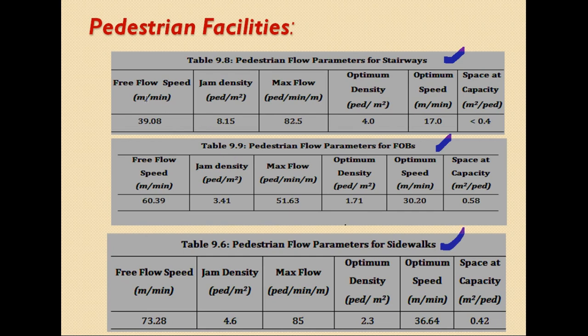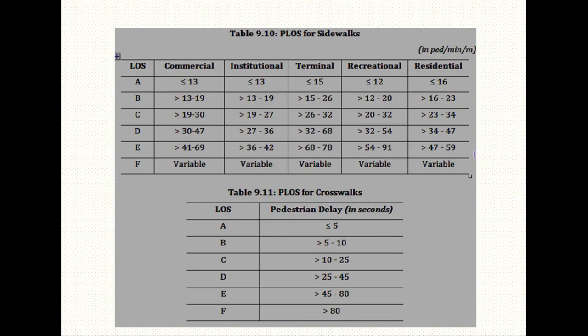This is the free flow speed 39 meter per minute, jam density, maximum flow that can take place, optimum density, optimum speed, and space at capacity, that is based on the human ellipse. And similar parameters are given for other two types of facilities.